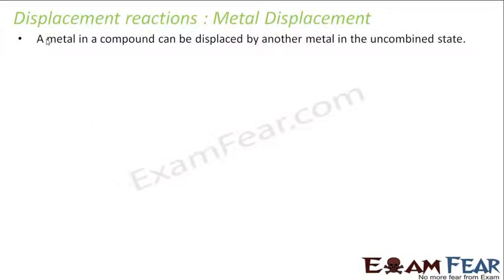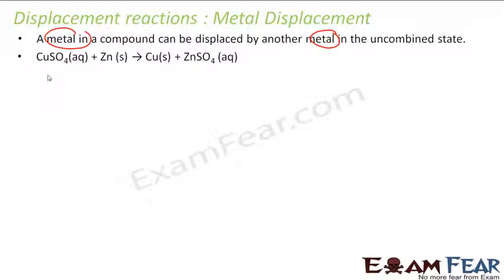In metal displacement, a metal is displaced by another metal. We will take some examples. If you make CuSO4 react with zinc, zinc will kick this copper out and it will become zinc sulfate and copper.